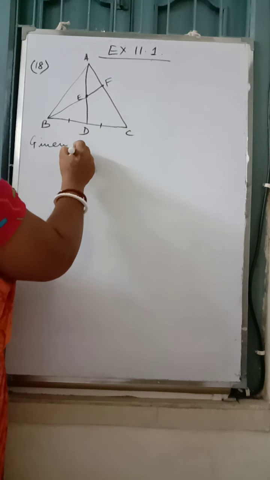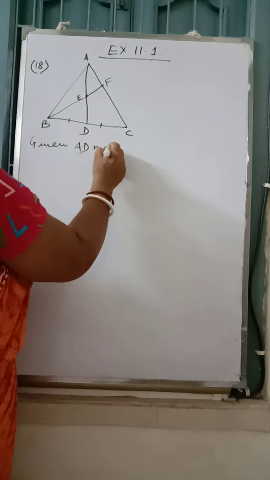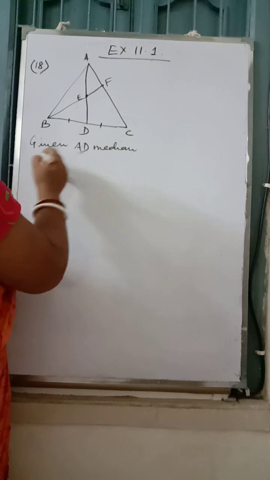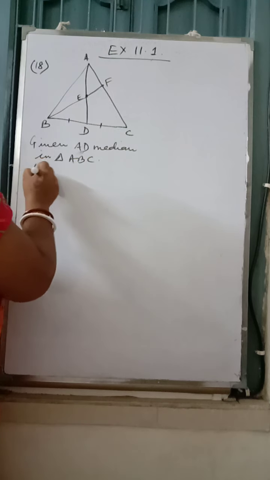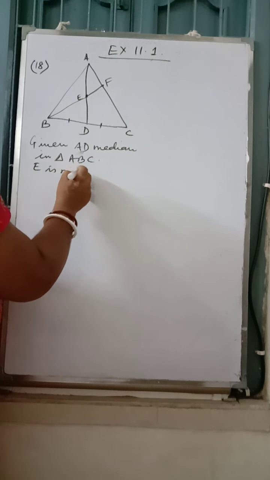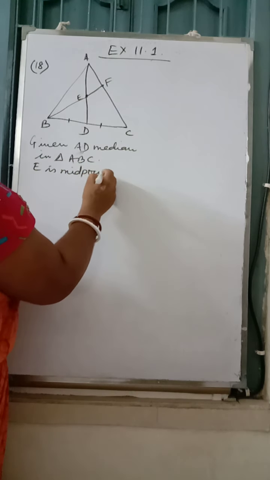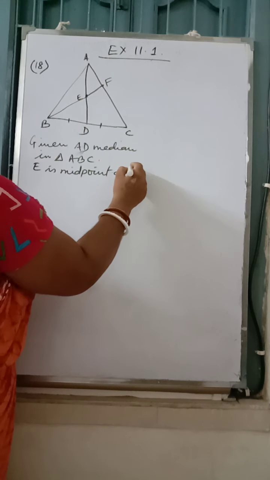Given: AD is a median in triangle ABC. E is a midpoint of AD.